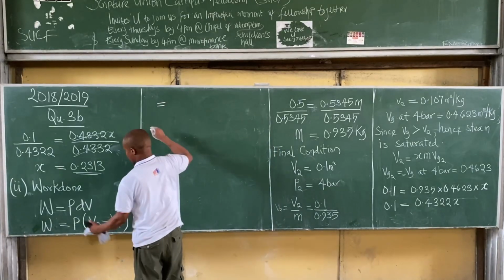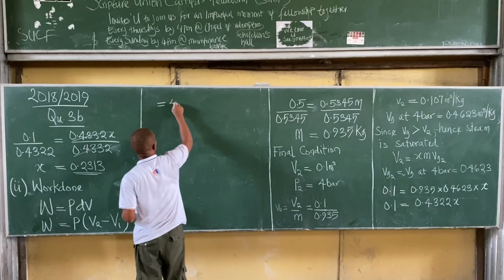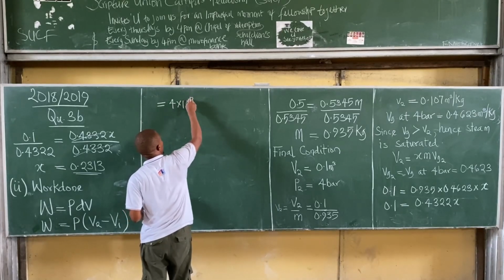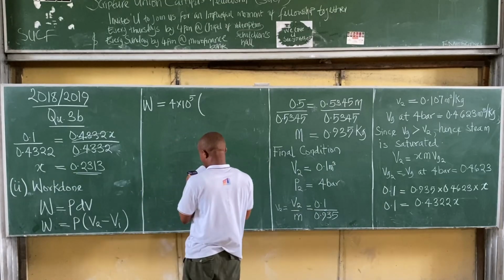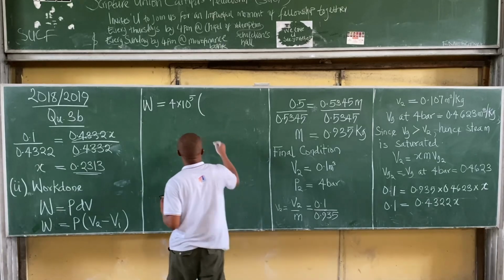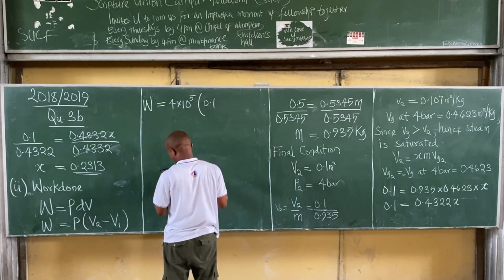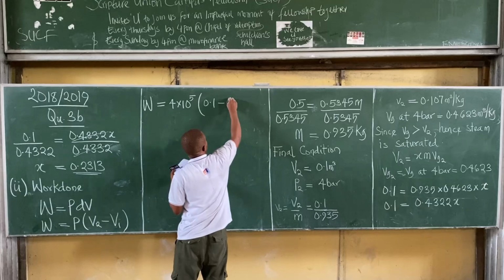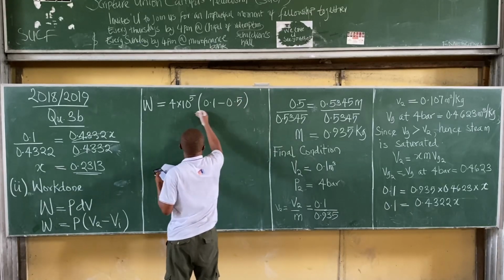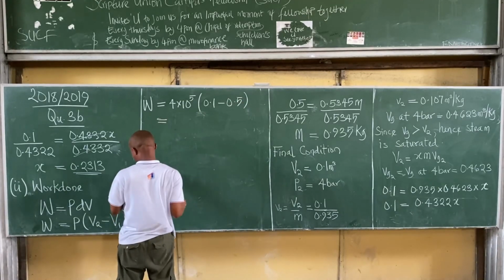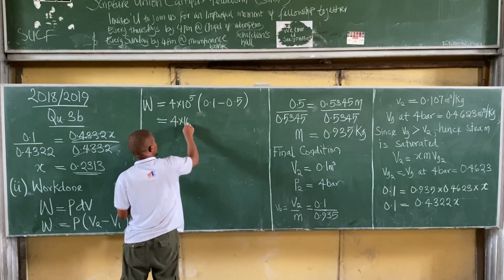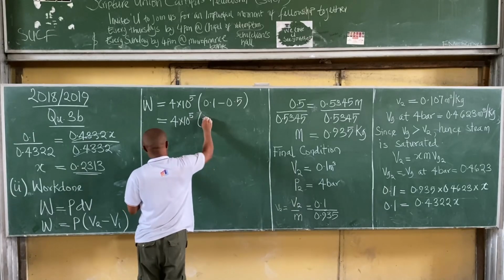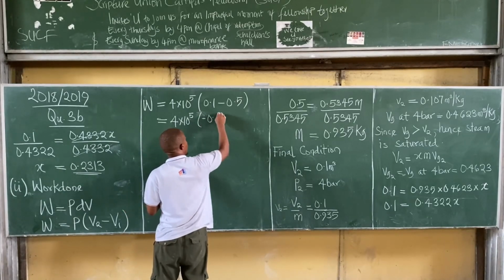Therefore, our pressure is given as 4 times 10 raised to power 5, bracket. What was the V2 given? The given V2 was 0.1 minus 0.5, and this gives us 4 times 10 raised to power 5 times minus 0.4.